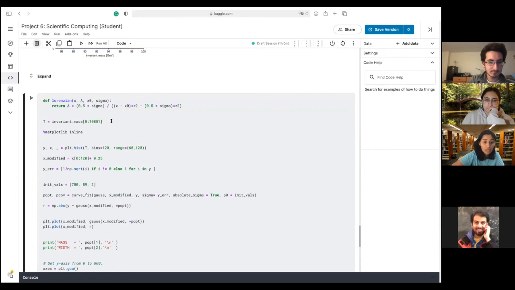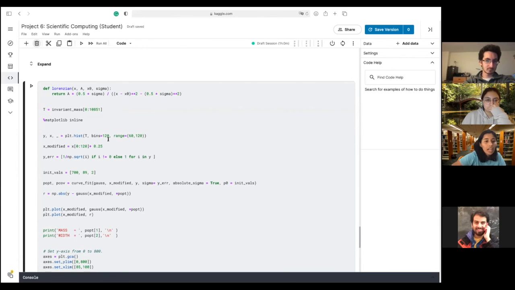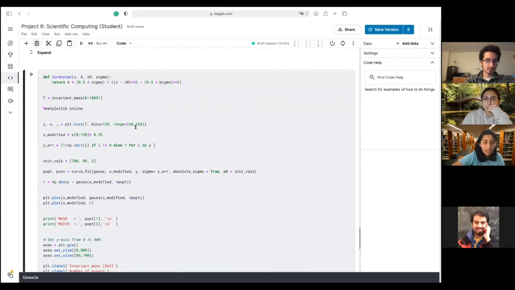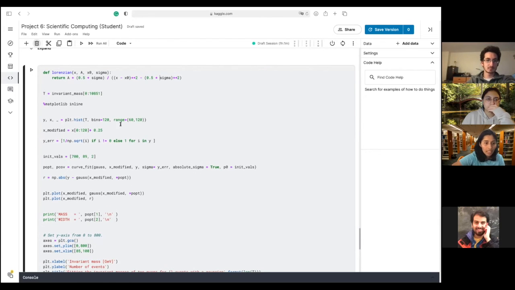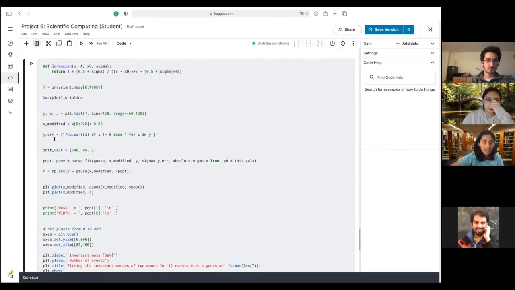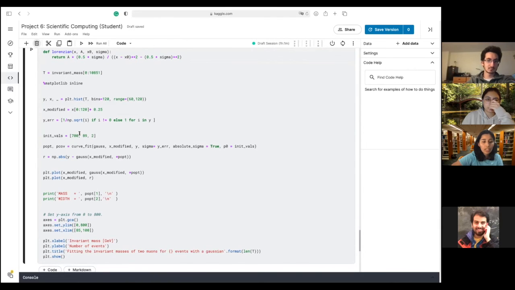We do t is equal to invariant mass from 0 to 10851. And then we plot the histogram just to see how our data looks. And then we plot the function on top of the histogram to see how well our model describes the data. And then again we have x modified, we define our y error, and then initial values.